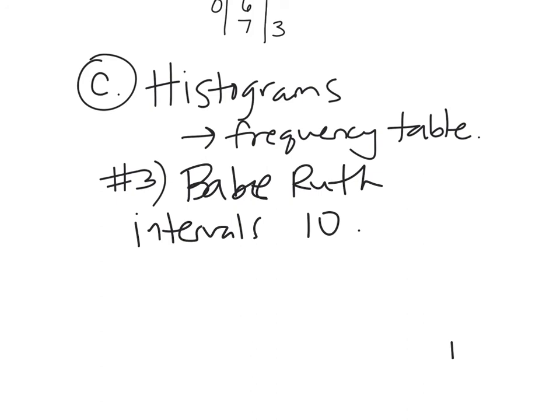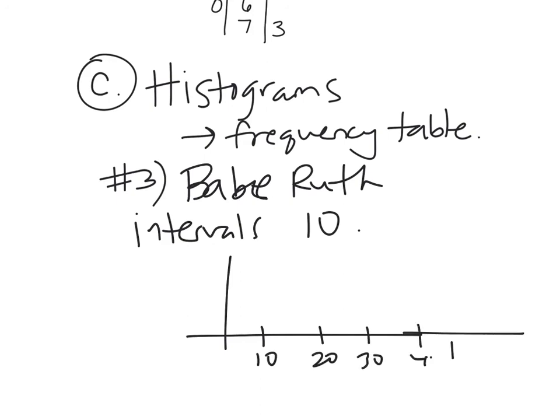And then they would want you to just draw the chart that you see. So you'd go like this. This right here is 10, 20, 30, 40, 50, 60. Okay. And then 1, 2, 3, 4, 5. There you go. It's a frequency table.